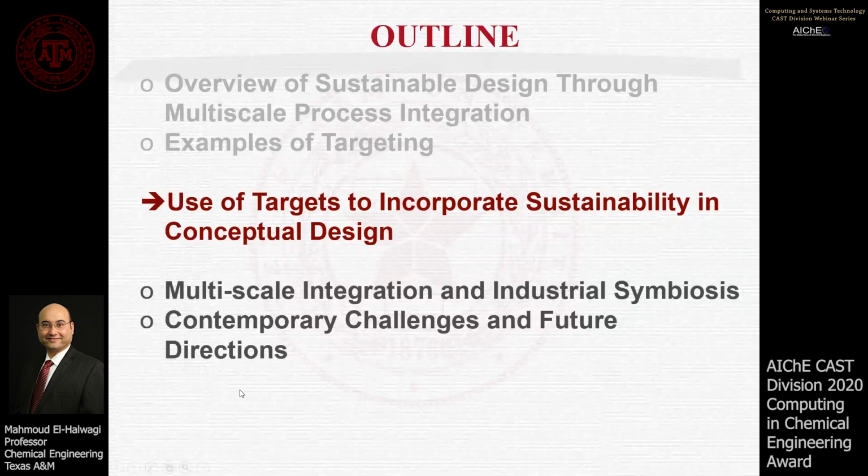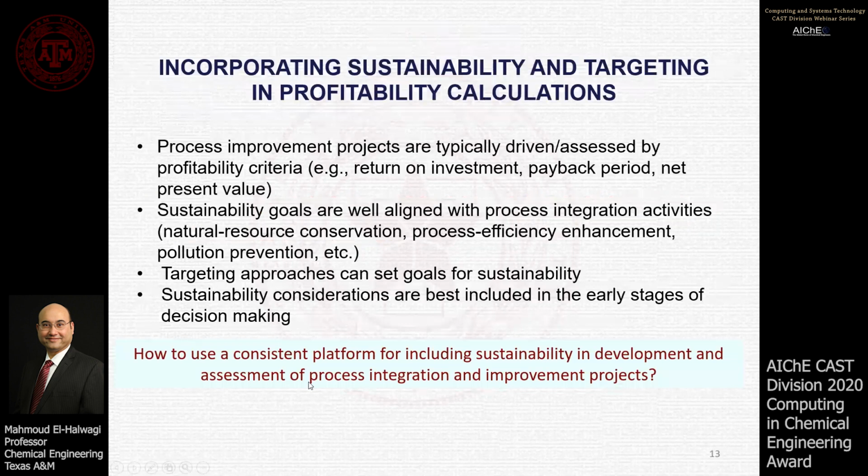The common practice is that process improvement projects are largely driven by economic profitability, which is fine. Nothing wrong with high levels of profitability. I often remind people that money and profit are part of sustainability.